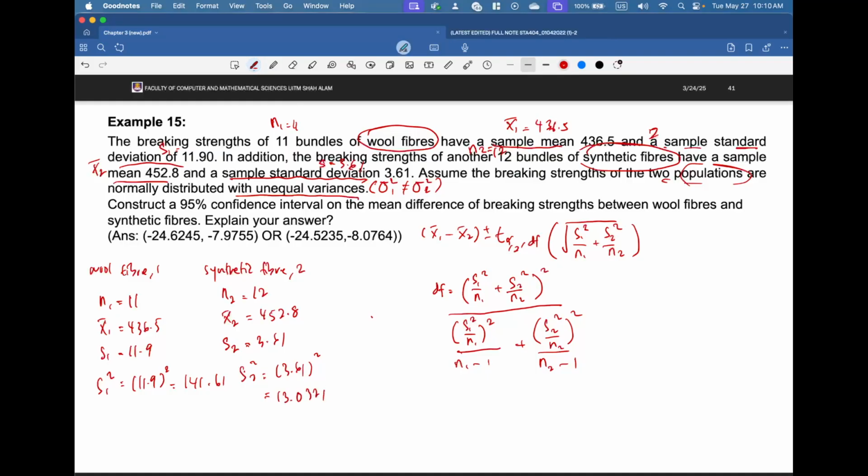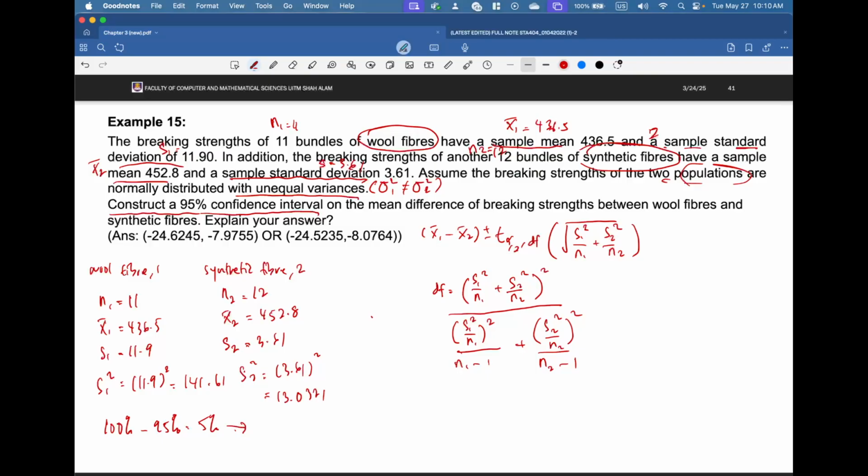Then the question asks us to construct a 95% confidence interval. It means that this is the one that we calculate. So for 95%, how do we determine the alpha value? 100% minus 95%, so we will get 5%.